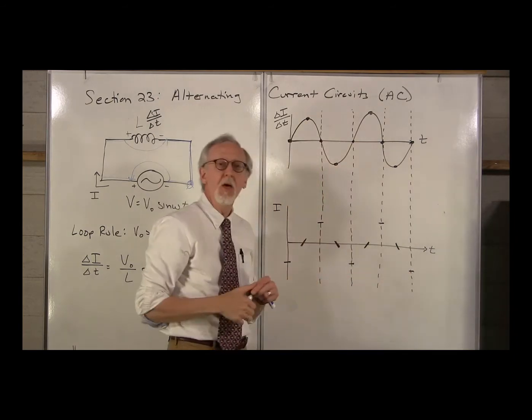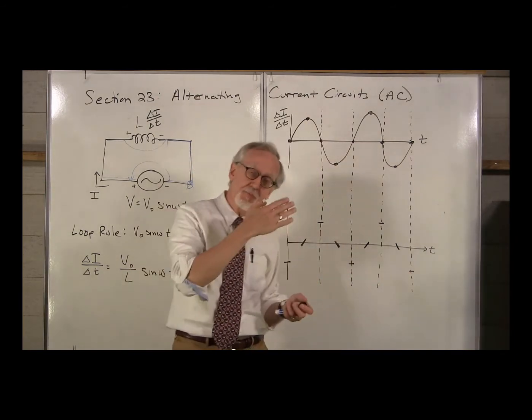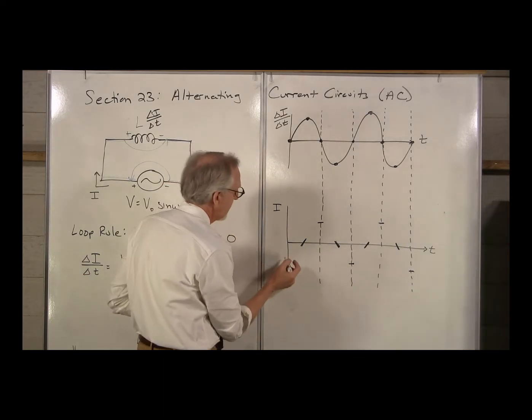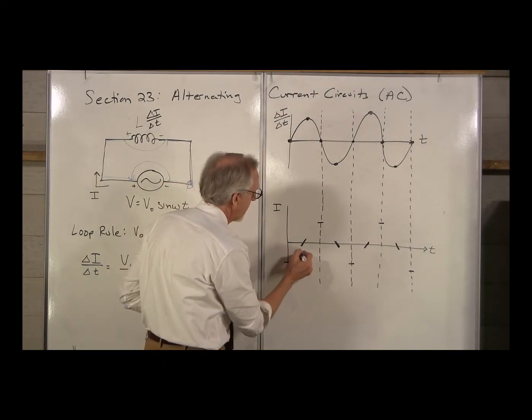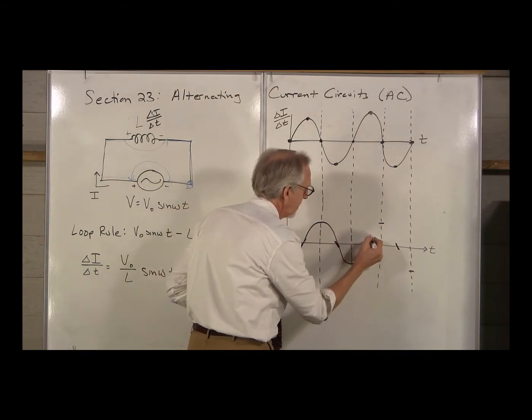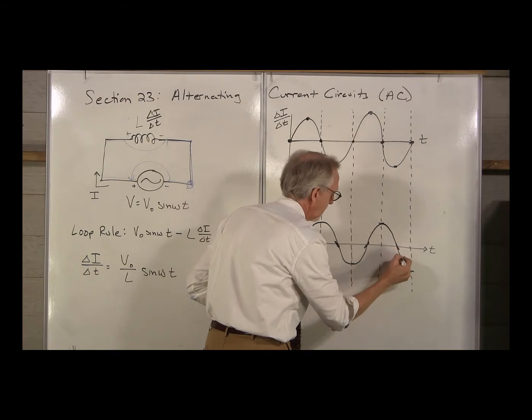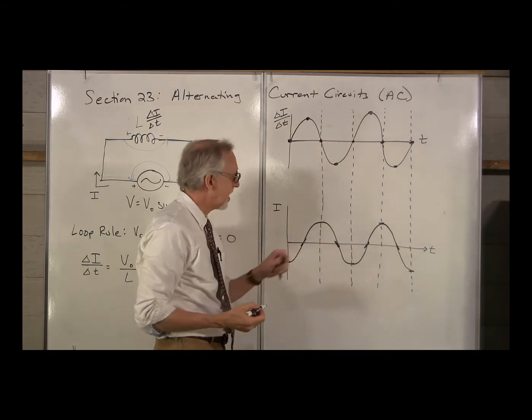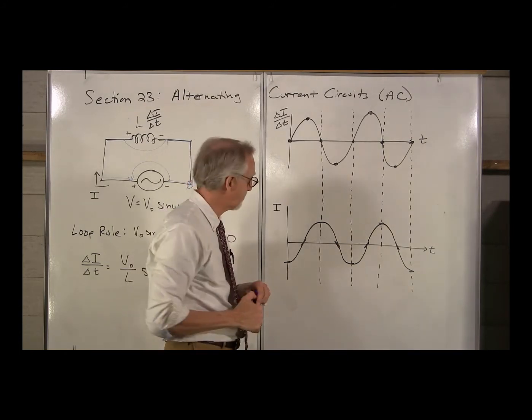There we go. Now all we need to do is connect up those little segments so that it's a nice smooth curve. And what do we get? We get something that looks like this. There we go. Very, very good. There is what the current looks like.